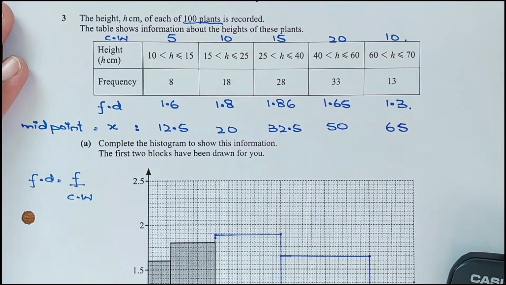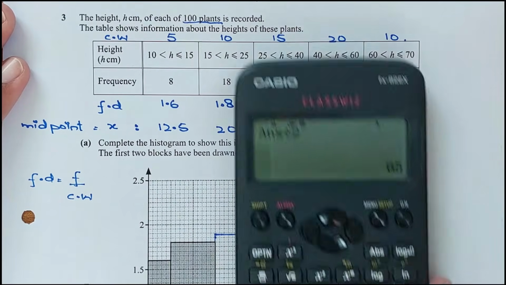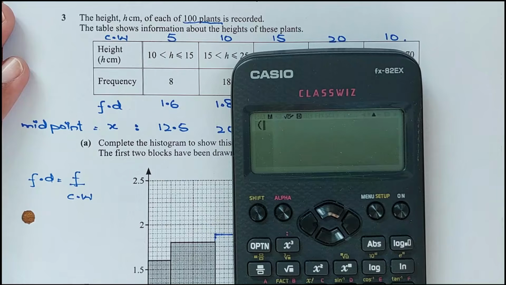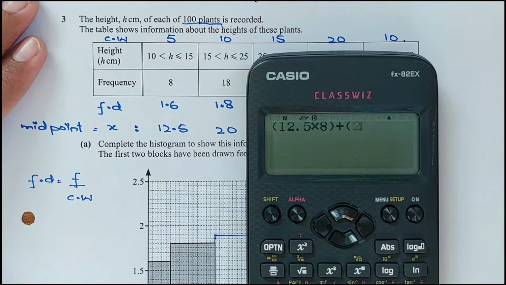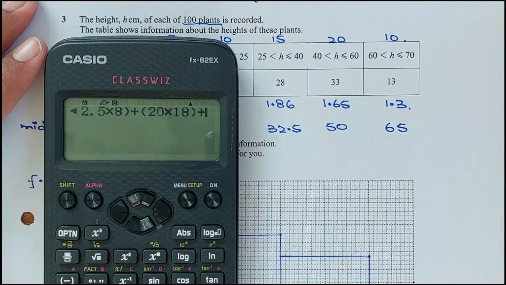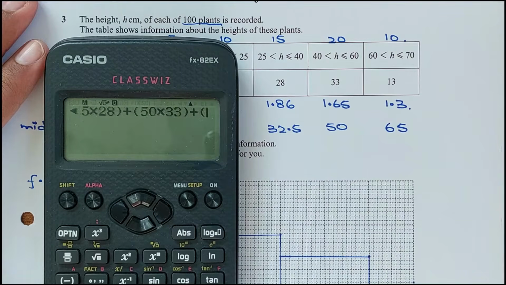Let me do the product and find out the sum, right? So 12.5 times 8 plus 20 times 18 plus 32.5 times 28 plus 50 times 33 plus 65 times 13.